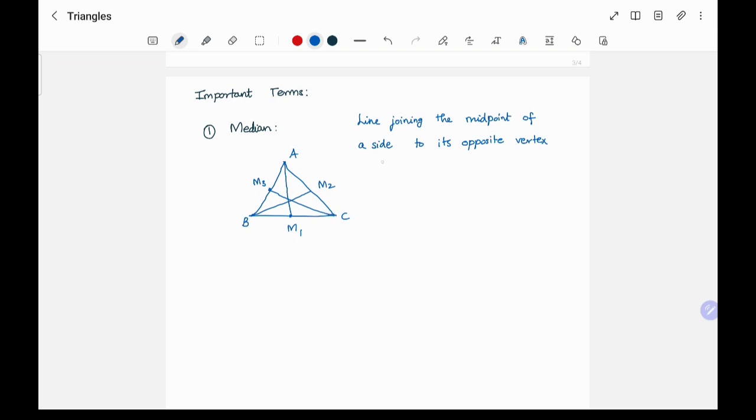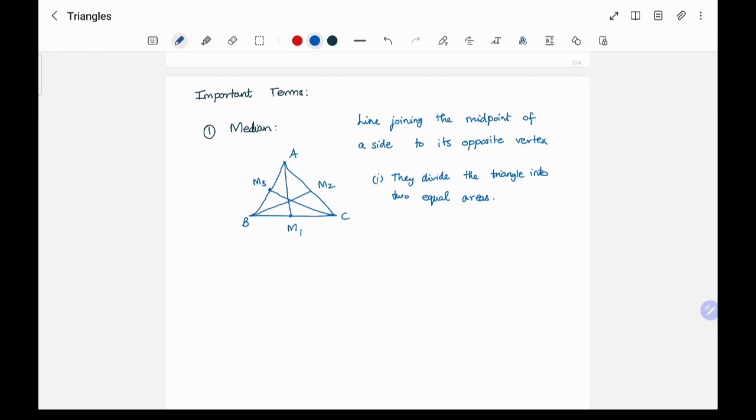These medians have some special properties. The first one is they divide the triangle into 2 equal areas. Why is it so? Because the height is still the same, but the base has reduced by half each, right?